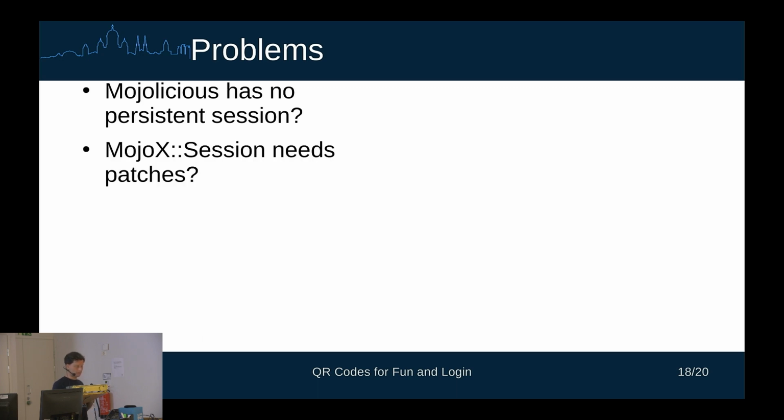So I looked for other session handlers that store the session in the database, but there is only one module for handling sessions, MojoX::Session, and this module needs some patches, which I have already published on my GitHub, but I haven't submitted them to the maintainer of MojoX::Session yet.